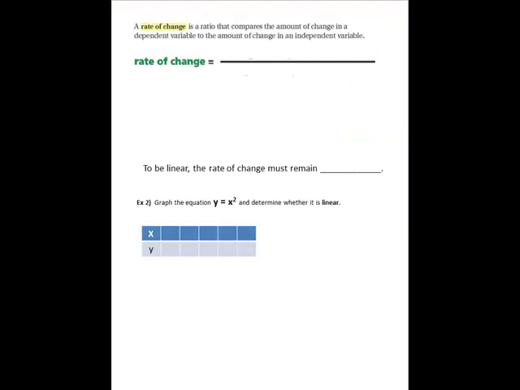The other thing we need to talk to you about is rate of change. That is the ratio that compares the amount of change in a dependent variable to an amount of change in an independent variable. Rate of change will be equal to, please write this on the line in your notes, across the top, change in dependent variable, and on the bottom is change in independent variable.